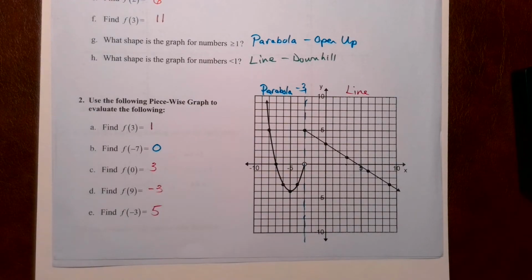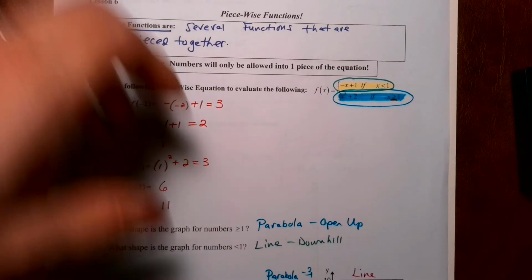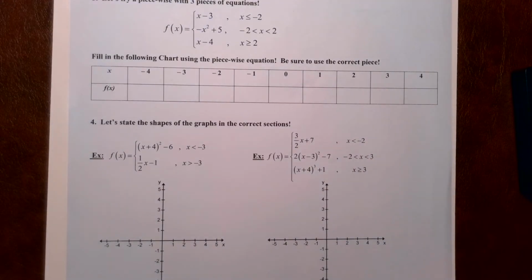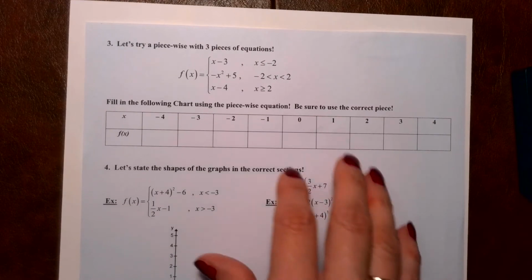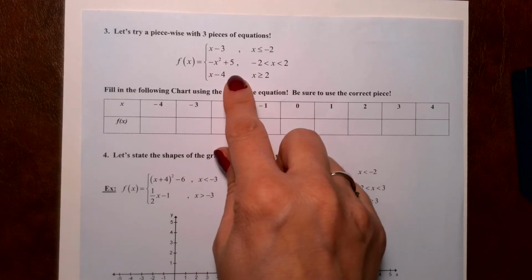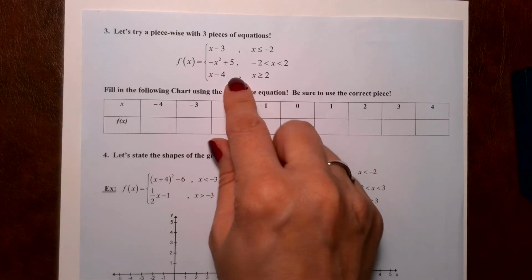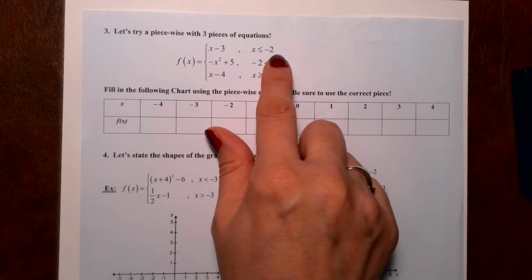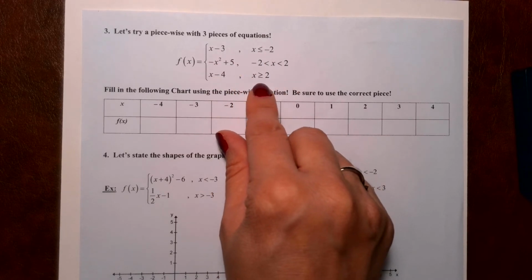It's kind of like just evaluating with information off a graph, but the graph might change shape and have a couple different pieces. We can also evaluate a bunch of things looking at a piecewise equation. So when you have a three-piece, you just have to make sure you really look at these domain restrictions.